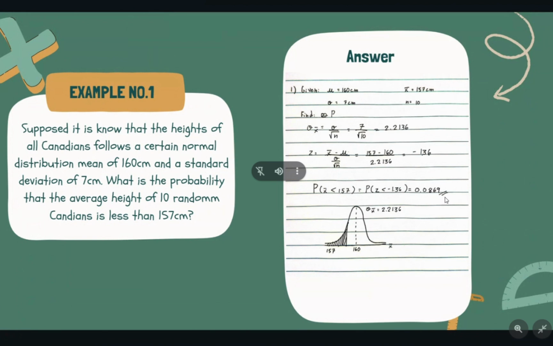So if we graph it, with the mean of 160 centimeters in the middle, our x bar, or our proportion, will be on the left side, equal to 0.0869.